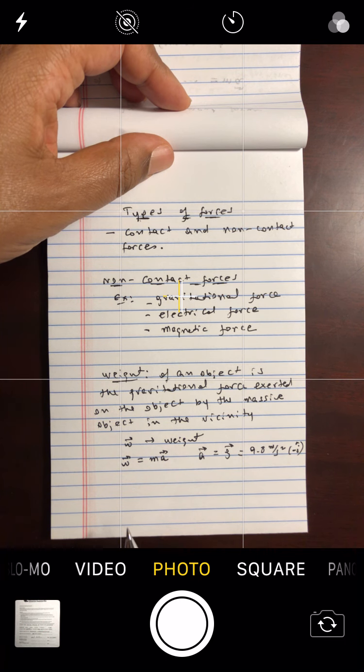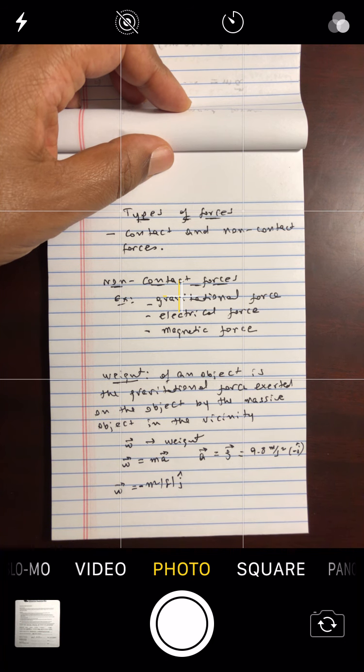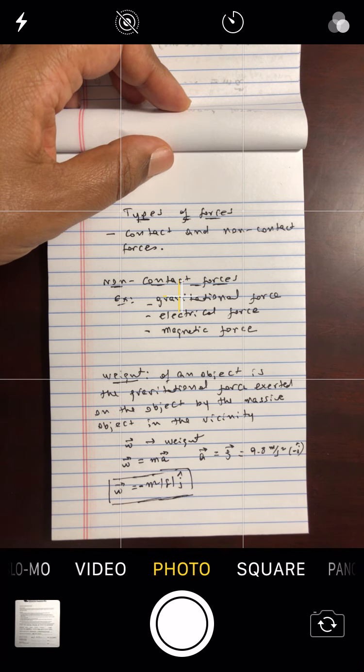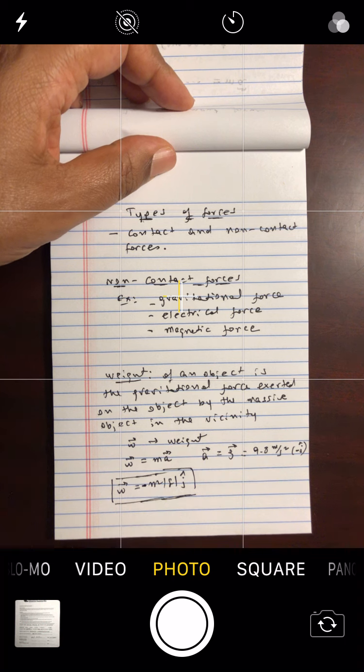So with that, we can express weight as follows. Weight equals mass times gravitational acceleration in the negative j direction, because it's always directed towards the center. So this would be the formula for weight on the surface of Earth.